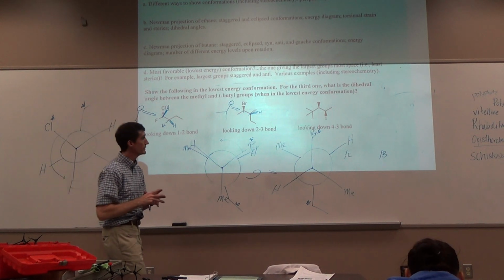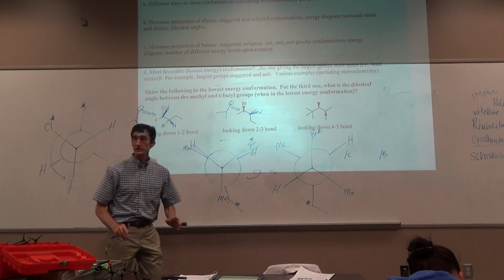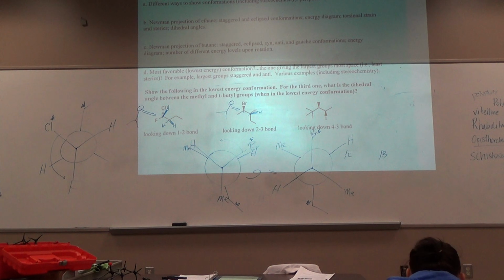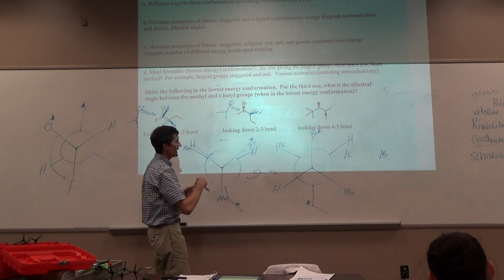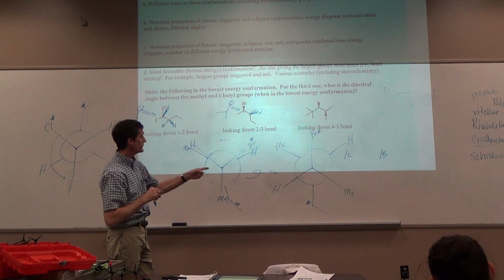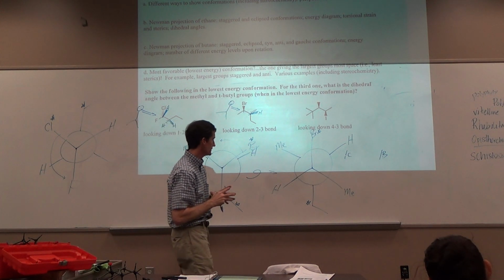How we do, guys? Let me ask you a question. In your best conformation, which groups are anti? We'll do that one over here. Before we erase this, let's see if I can ask you a question.